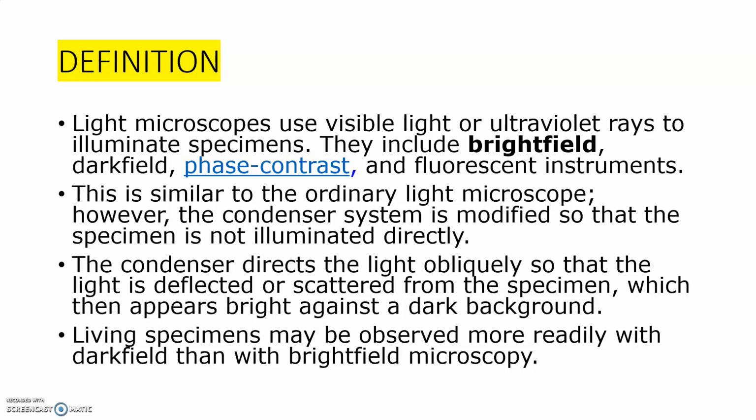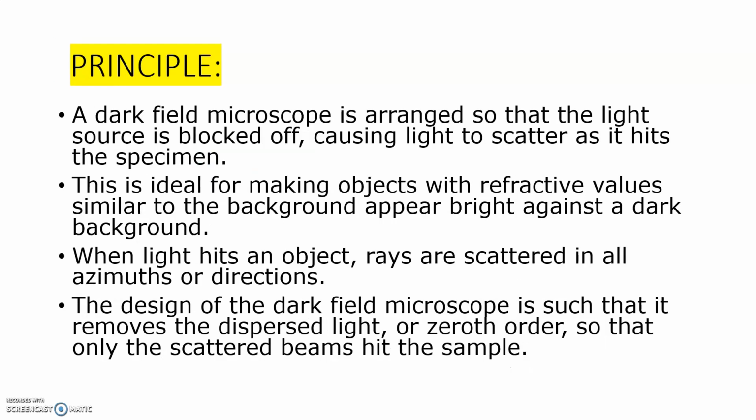Living specimens may be observed more readily with dark field than with bright field microscopy. So we can observe living specimens more clearly using dark field microscopy with the help of a special condenser system. A dark field microscope is arranged so that the light source is blocked off, causing the light to scatter as it hits the specimen.